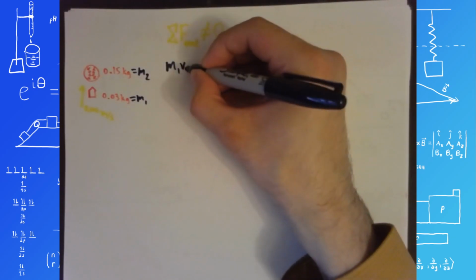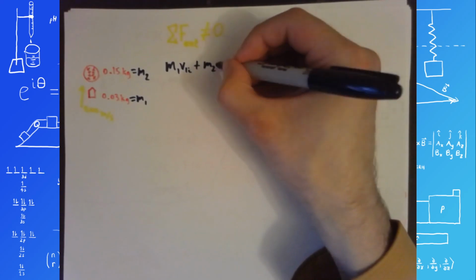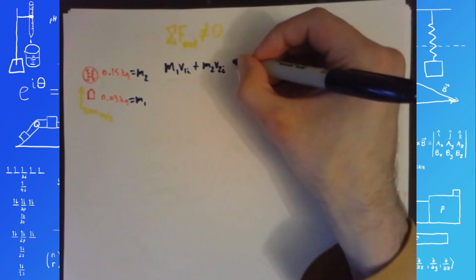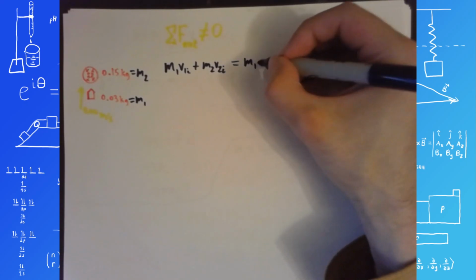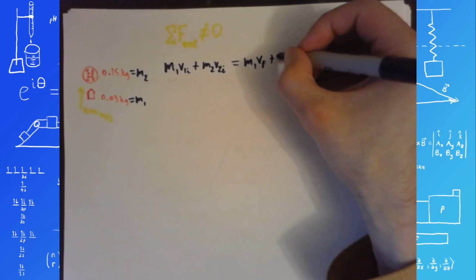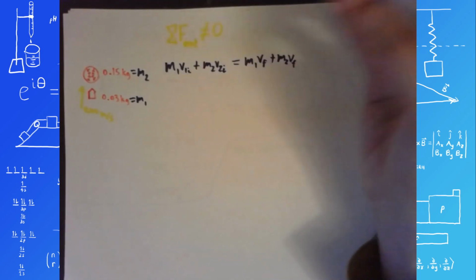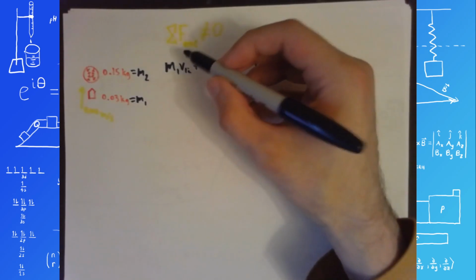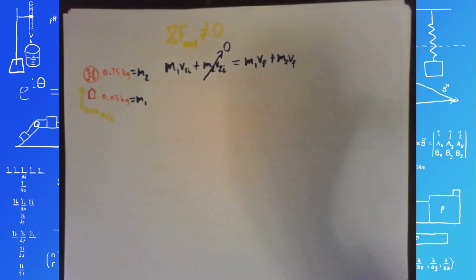So M1 V1 initial plus M2 V2 initial equals M1 V final plus M2 V final, where V final is the same for both objects. M2 V2 initial is 0. The baseball should be at rest.